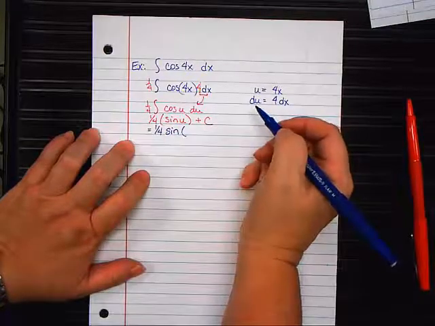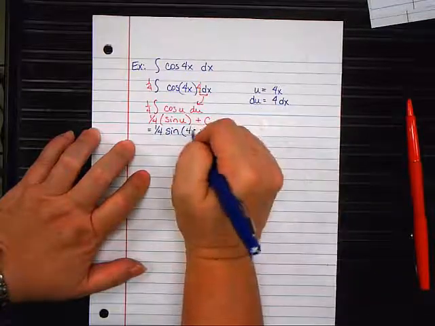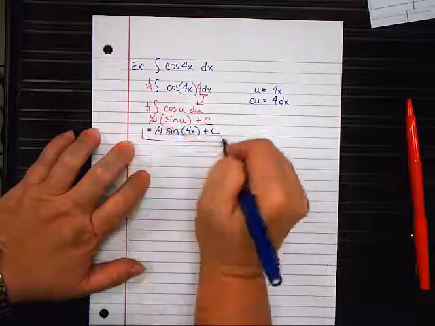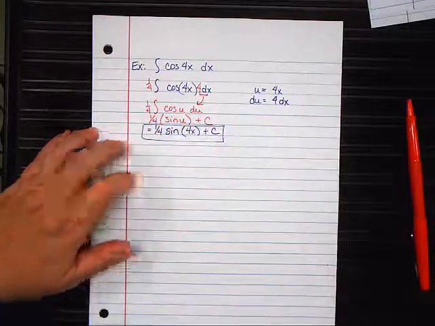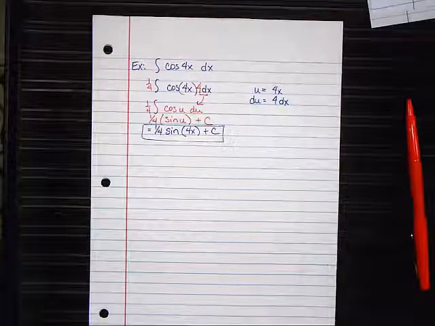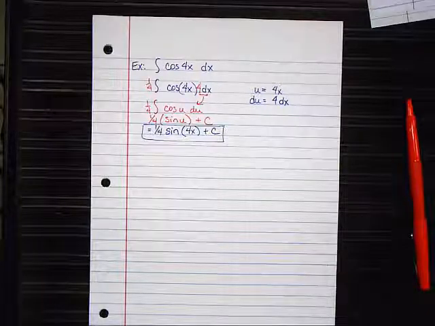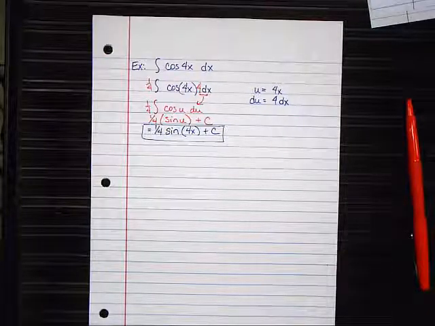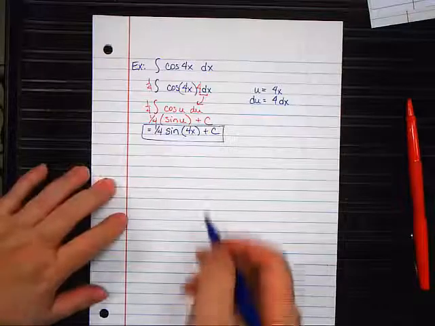What is u? 4x plus c, and we are done. You notice that they're going a little quicker now. No, I'm not having to explain as much in between. Okay, it is your turn to try one.